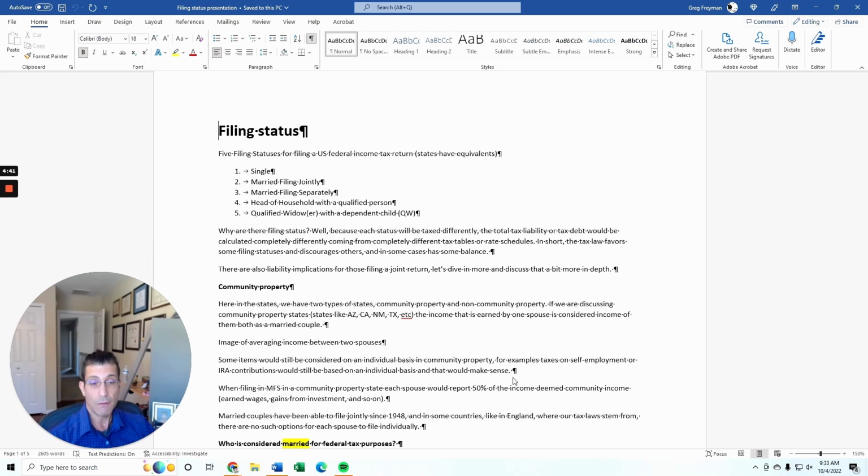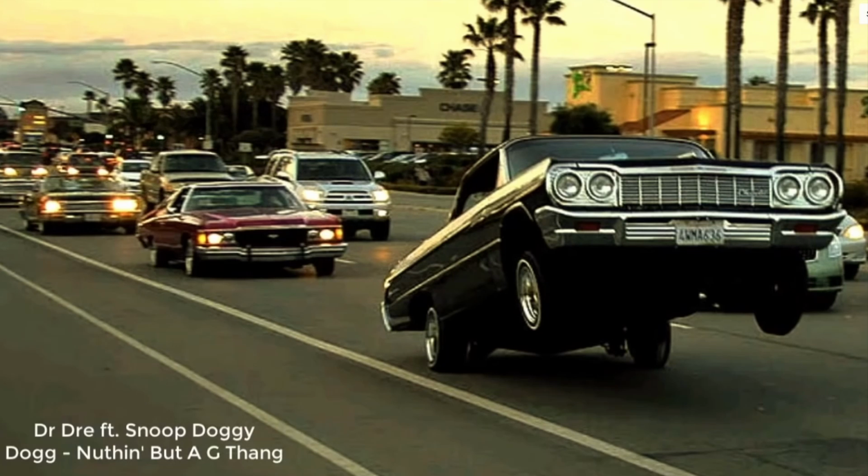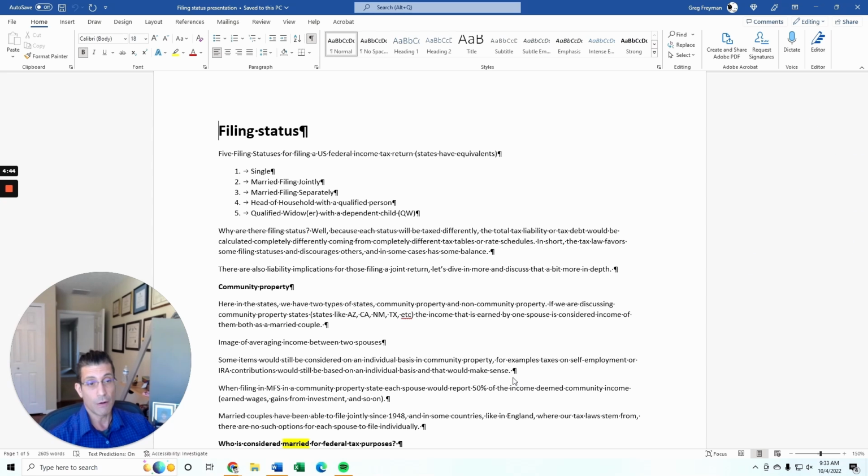Now, non-community property states. For those of you on the West Coast, in states like Arizona or California, you've probably heard of community property states.